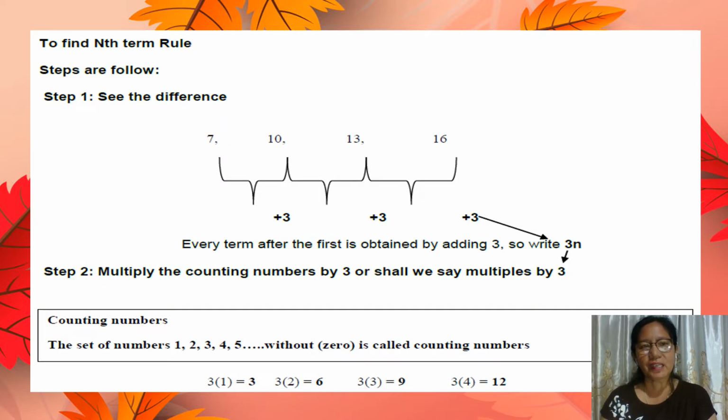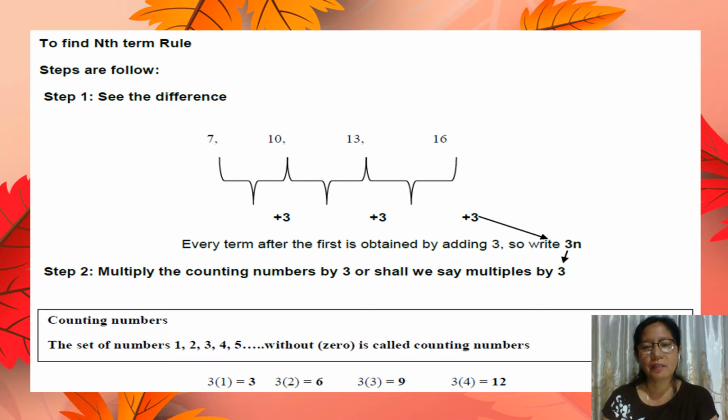To find the nth term rule, we have these steps to follow. Since the given sequence is 7, 10, 13, and 16, step 1, we are going to find the difference of the numbers. From 7 to 10, it is added by 3. 10 becomes 13, so again, plus 3. 13 to 16, again, plus 3.